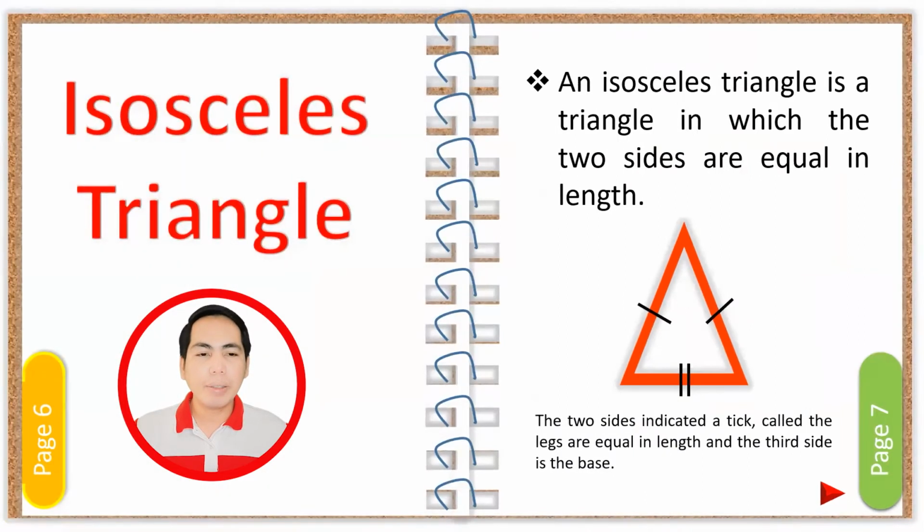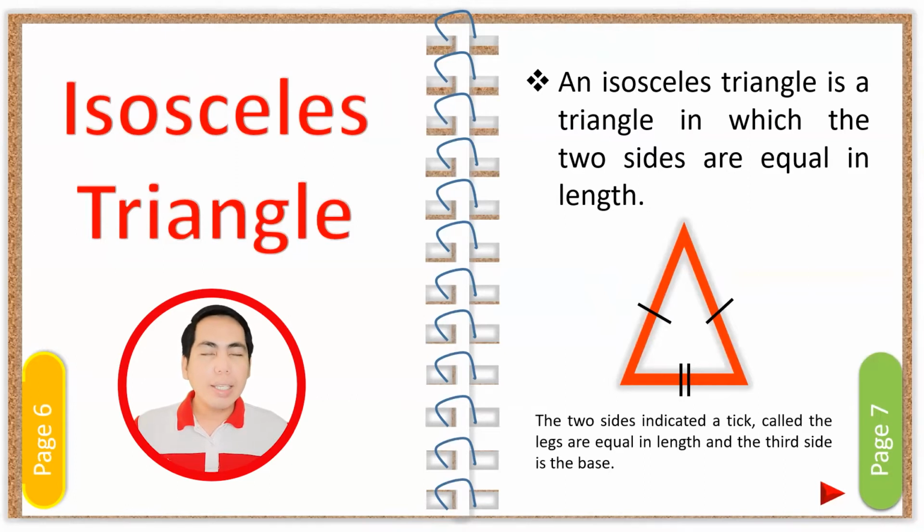Isosceles triangle. An isosceles triangle is a triangle in which 2 sides are equal in length. So unlike the equilateral triangle, for an isosceles triangle, only the 2 sides are equal in length, while the third side is either shorter or longer than the 2 sides.